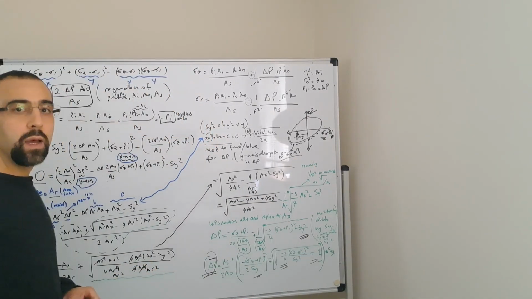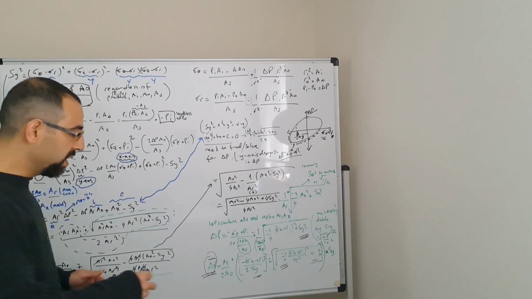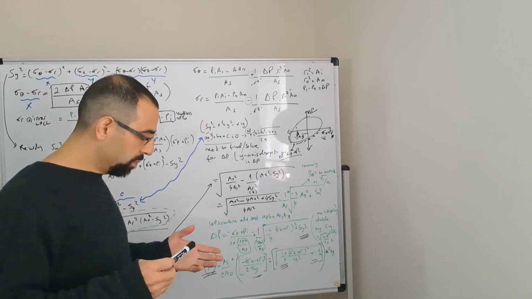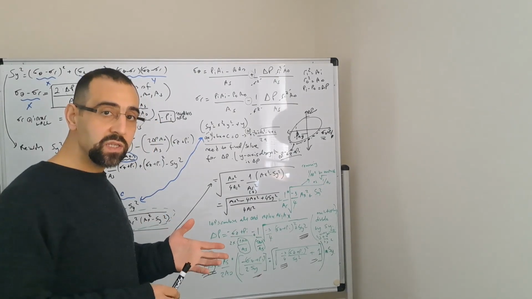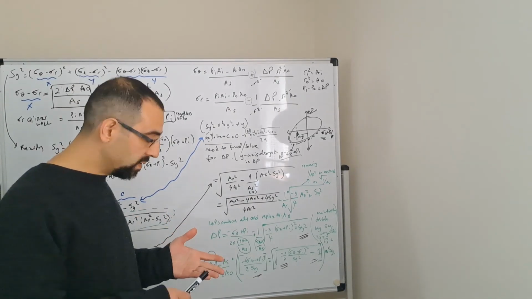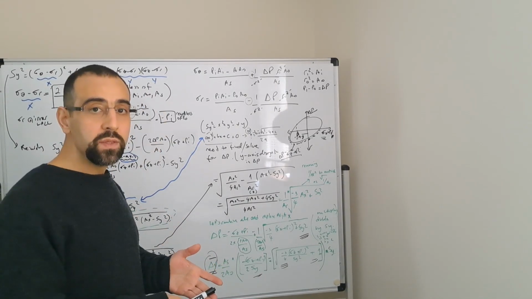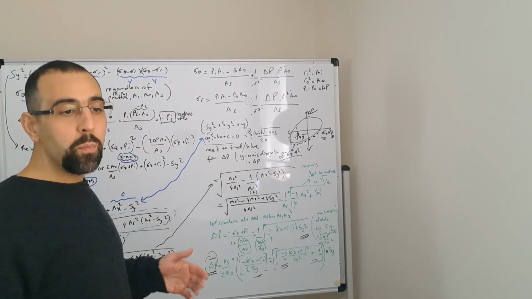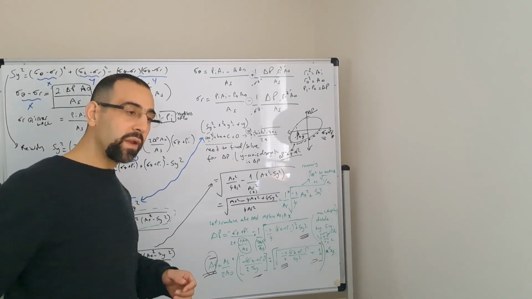This formula is the triaxial formula, which means we are accounting for the tangential stress, the radial stress, and the axial stress. So we are not doing any biaxial where we ignore the radial stress.